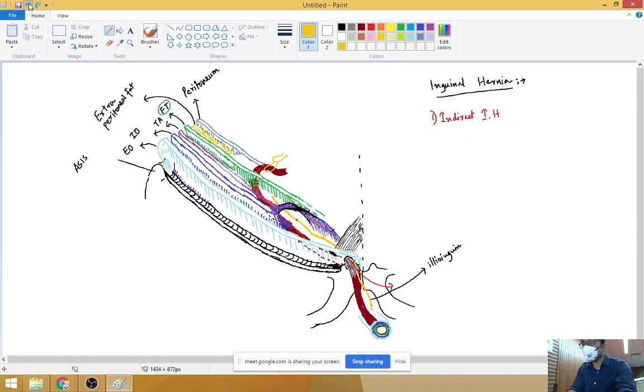Now if you see the second one, the first one is indirect inguinal hernia or oblique inguinal hernia. The first is indirect, then the other one will be direct, isn't it?